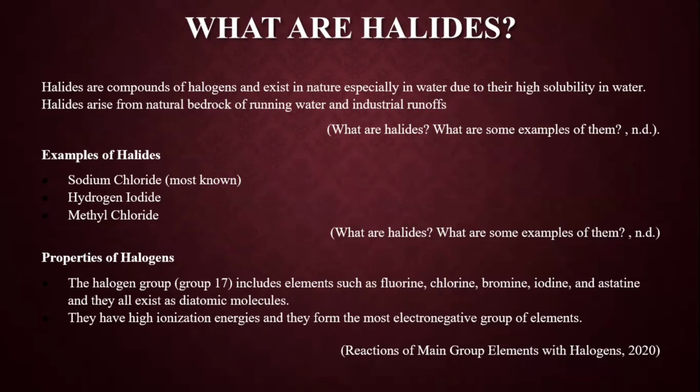And at room temperature, fluorine is a yellow gas, bromine is a red liquid, iodine is a purple solid, and astatine is a radioactive element and exists in nature in small amounts. And they also have high ionization energies and form the most electronegative group of elements. Next slide.